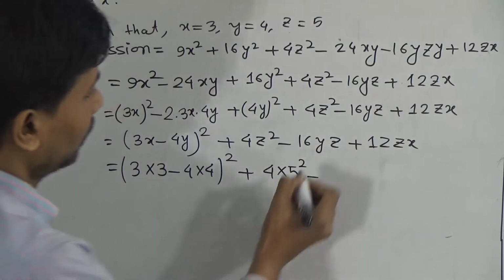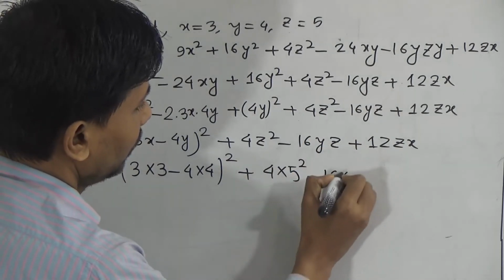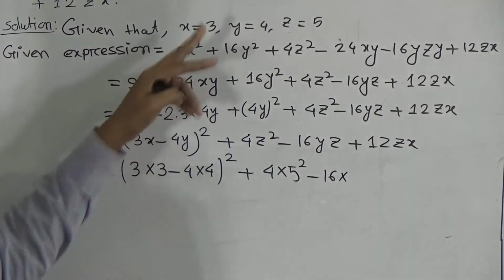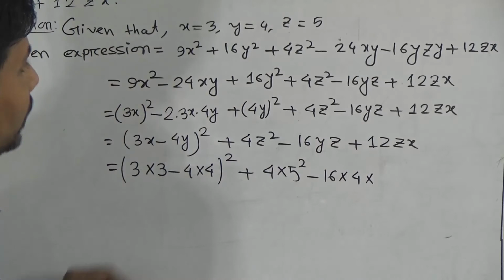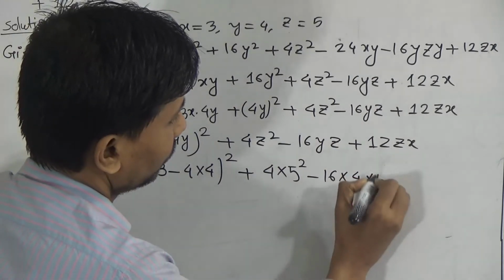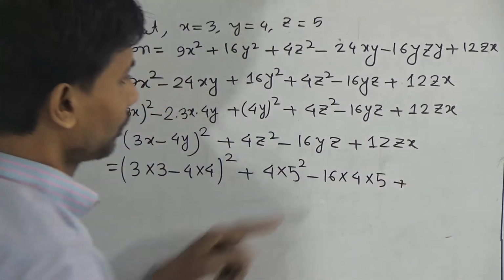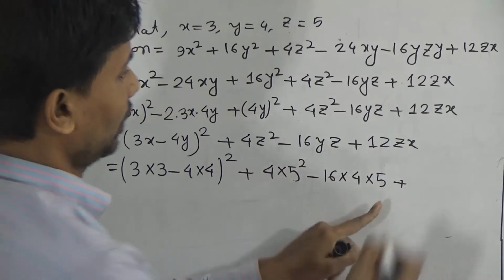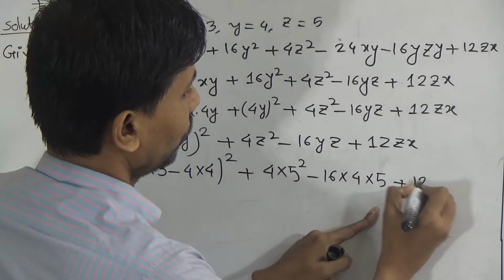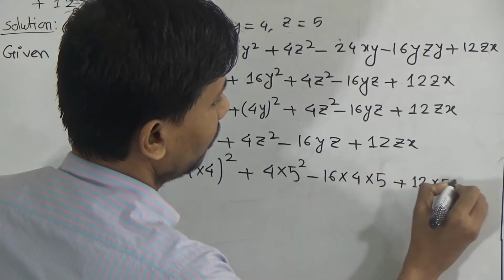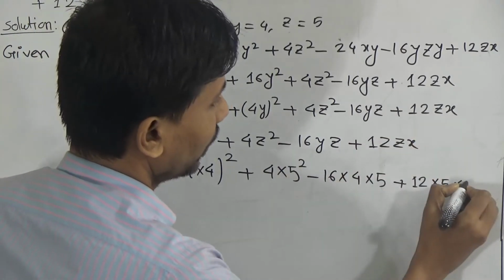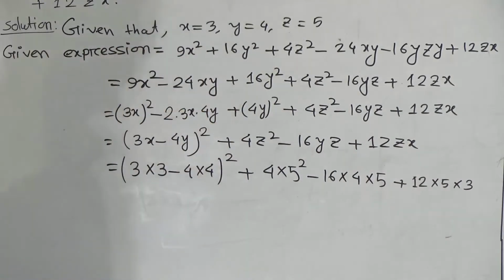Then 16 times y, y equals 4, and z equals 5, plus 12 times z equals 5 and x equals 3.